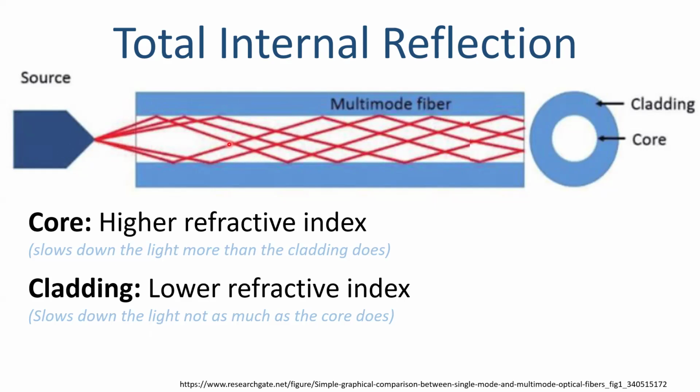I know there is a tendency of thinking that the light should travel faster in the core than in the cladding. No, it's actually the other way. If you make the light travel faster in the cladding, then the cladding is going to look slippery, quote unquote, again, slippery, in comparison to what's in the core.